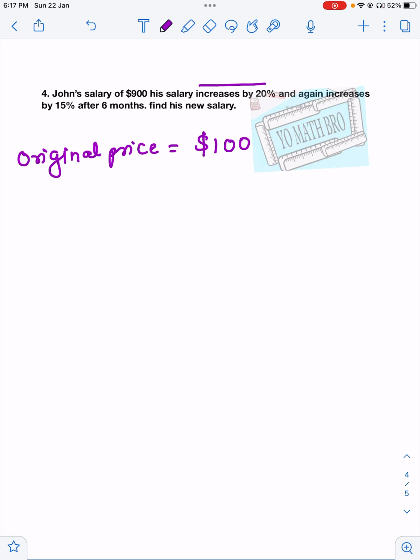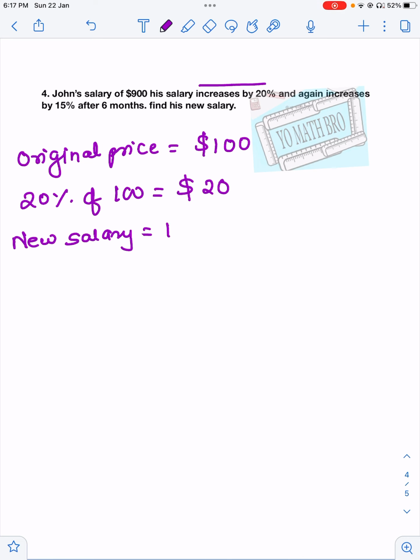First criteria, increased by 20%. So 20% of 100, my dear students, is $20. As the salary is increased, the new salary as per the first condition is 100 plus 20, that gives me $120.